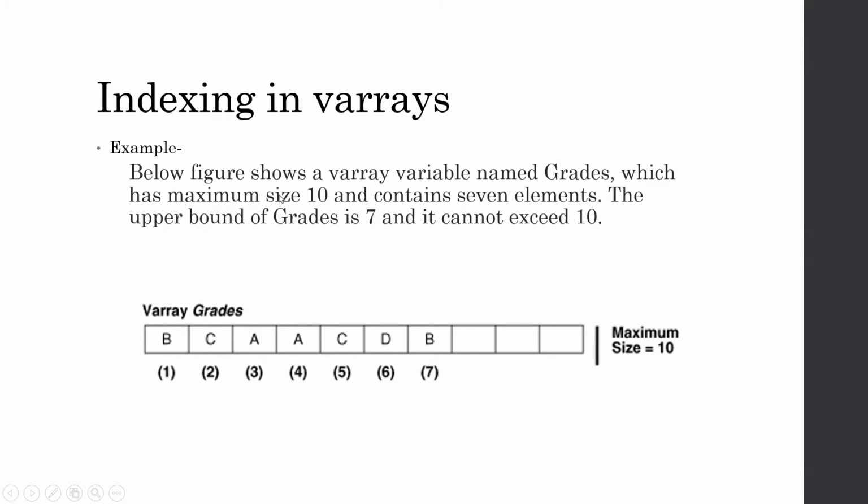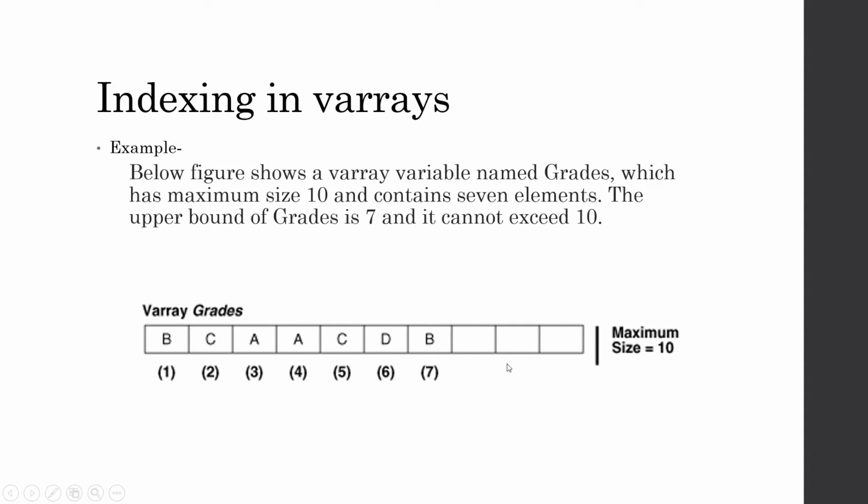To explain the indexing, I have taken a small example of an array variable named grades, which consists of 7 elements and its maximum size is 10. So the upper bound of this VARRAY is 7. If you add two elements to this VARRAY, the total number of elements present in this array will be 9, so the upper bound will be 9.